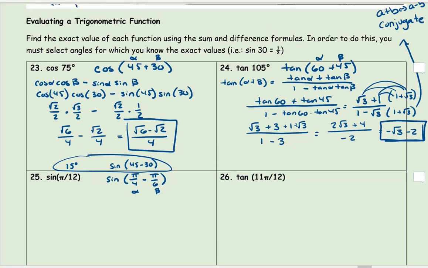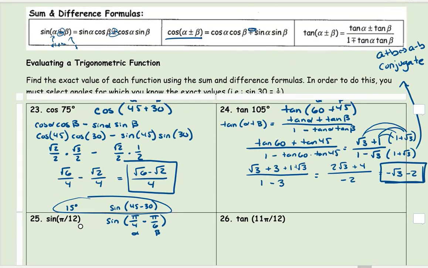Okay, so because we have sine of alpha minus beta, we have sine of alpha times cosine of beta minus cosine of alpha times sine of beta.